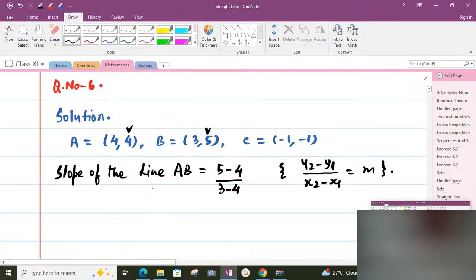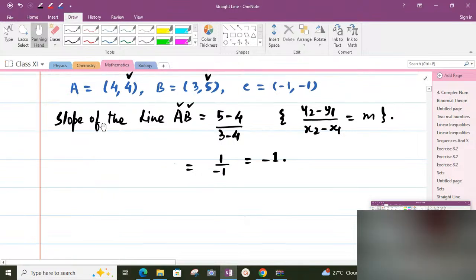So the slope of the line AB, whose one point is A and other point is B, is 1 by minus 1, which equals minus 1.